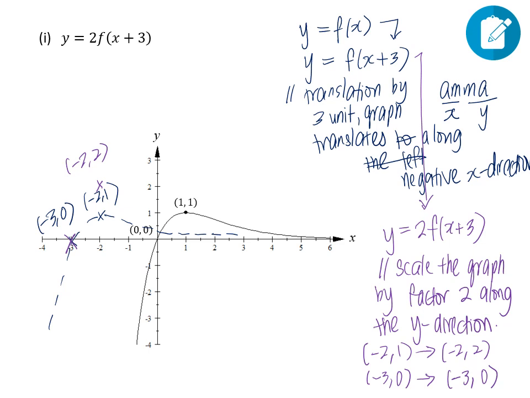Somehow this graph is stretched a little bit more, and the y coordinates are multiplied by 2, but do remember that the asymptote doesn't change. So the asymptote y equals 0 remains as an asymptote.